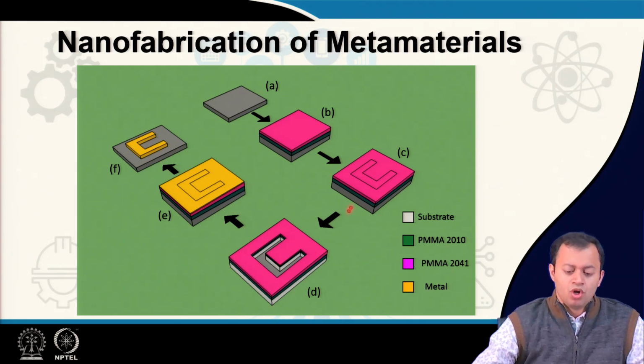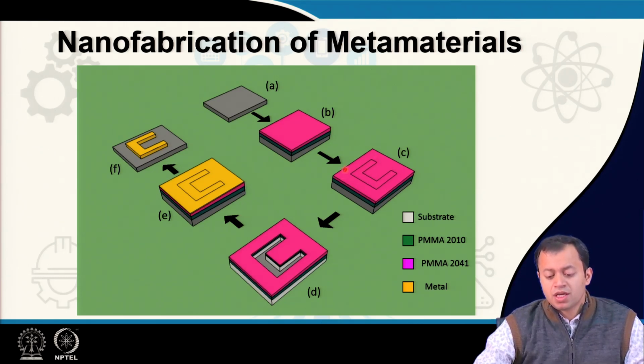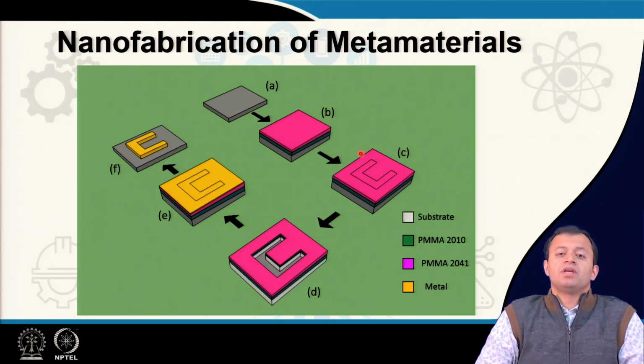So, what you do? You take a particular substrate, say silicon, and you cover it with some kind of a polymer. This polymer is electron sensitive, and then you subject this polymer to something which we call electron beam lithography.